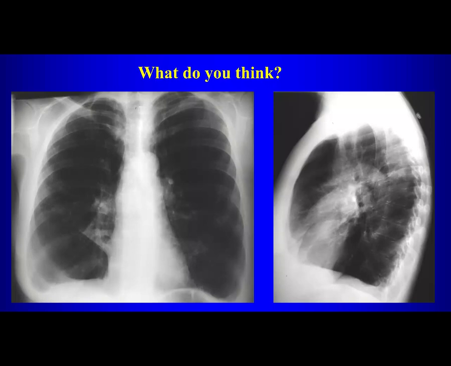There's elevation of the right diaphragm. There's elevation of the diaphragm? Okay, so if anything, there's flattening of the diaphragm. Look at the lateral view, right? So these diaphragms are flat. There's flattening of the diaphragms. Okay, so what does that imply? Hyperinflation, right?